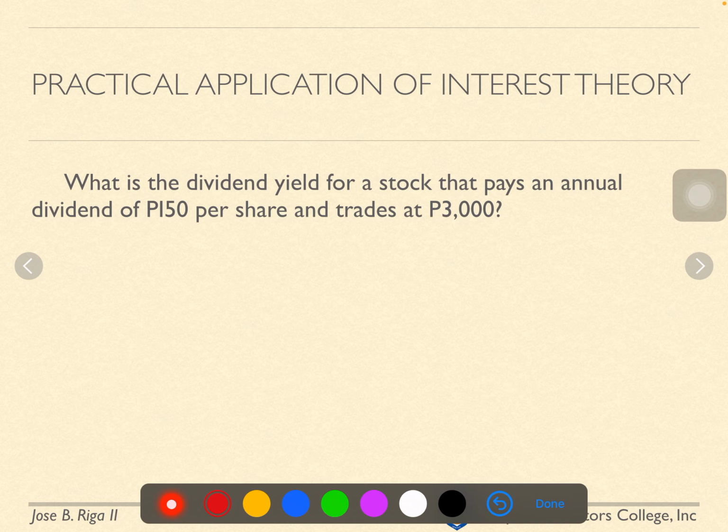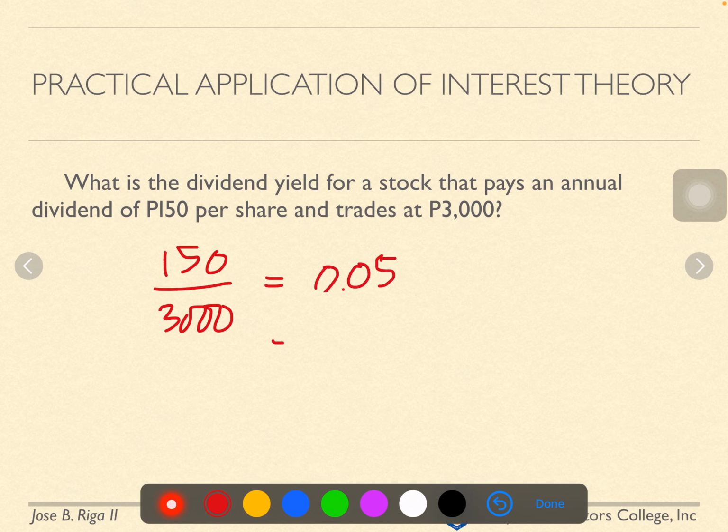So your earnings, 100, over 3,000, you will have 0.05, or 5% dividend yield.